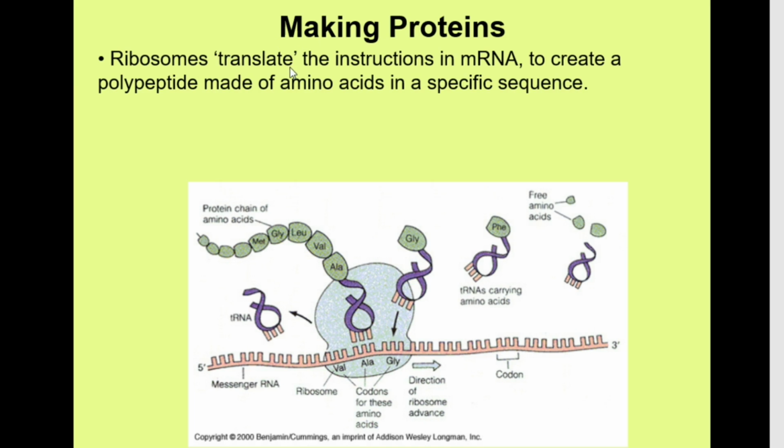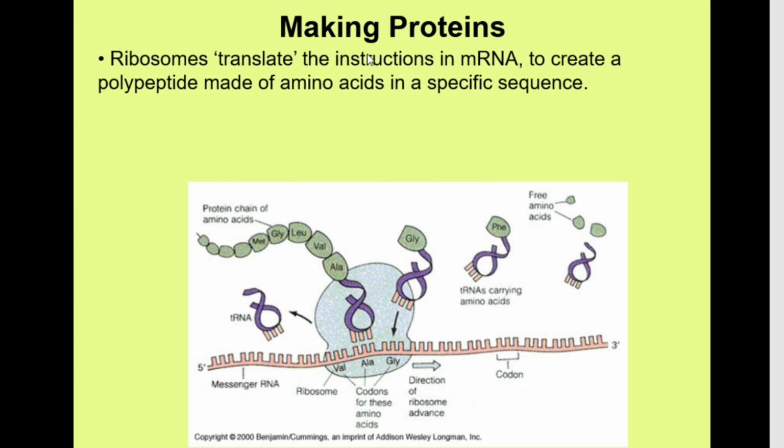This is a process that is called translation. So the process of copying the instruction from DNA to make this strand of messenger RNA is a process called transcription. And then this process of turning those instructions into a long chain of amino acids is called translation.